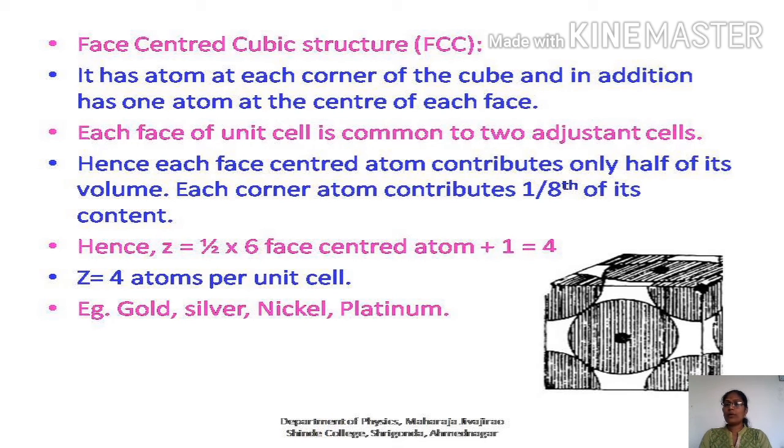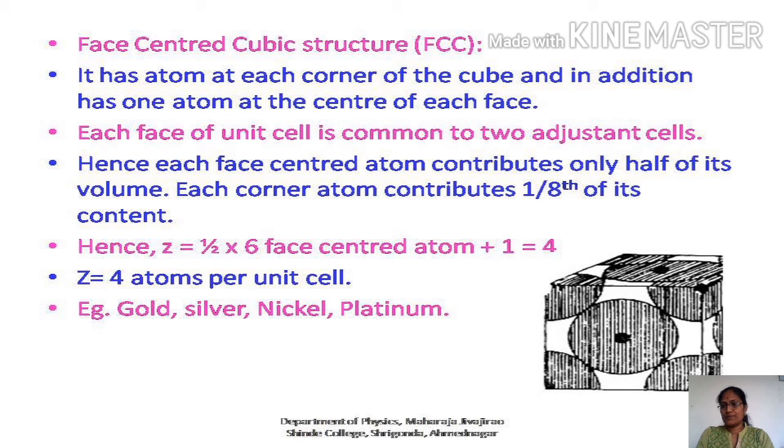Now, while considering the face-centered atoms, each face-centered atom is a part of 2 unit cells, half part of the present unit cell and half part of its attached unit cell. Therefore, it is shared by 2 unit cells and there are 6 such face-centered atoms. The contribution of the face-centered atoms to the number of atoms per unit cell comes out as half into 6.